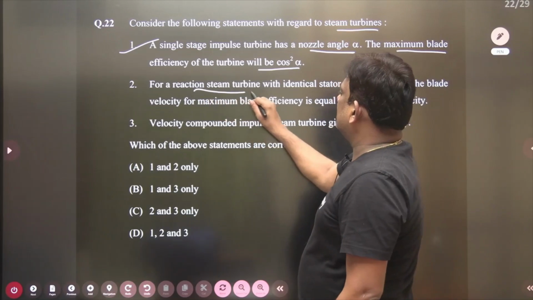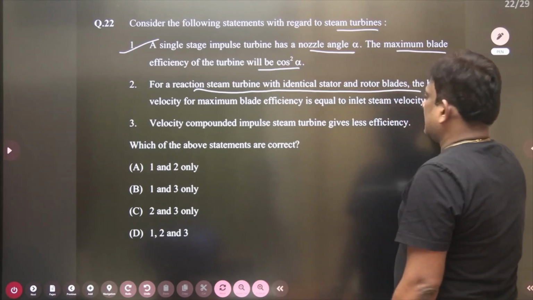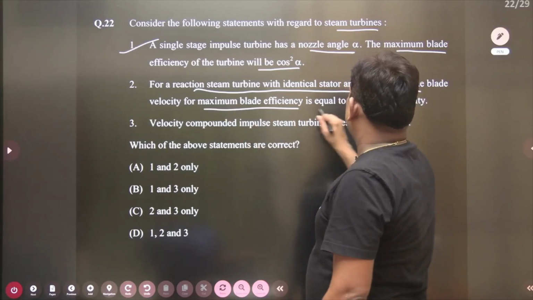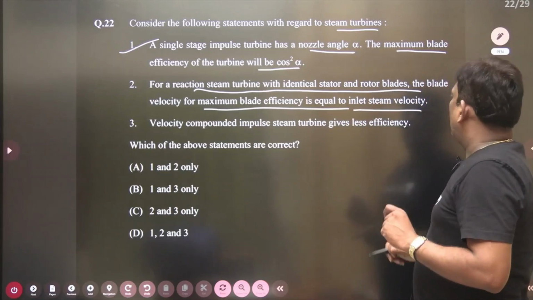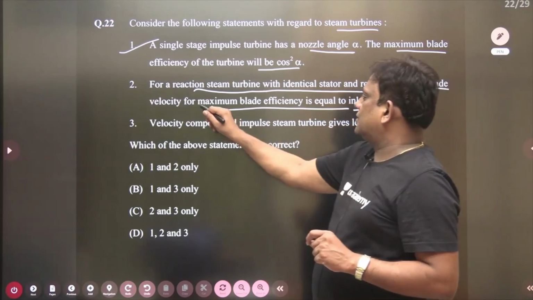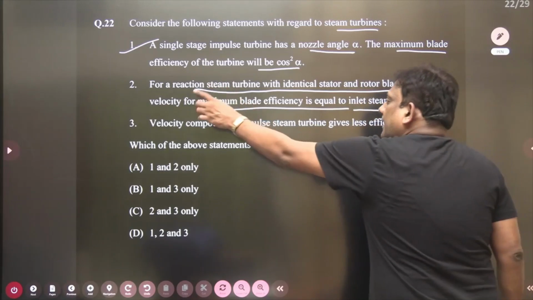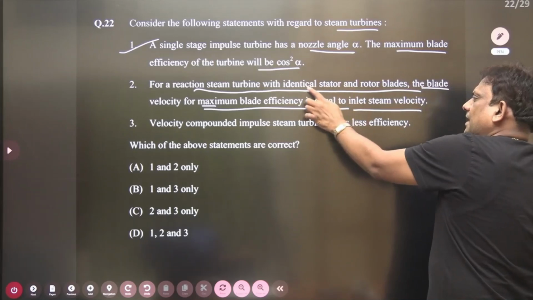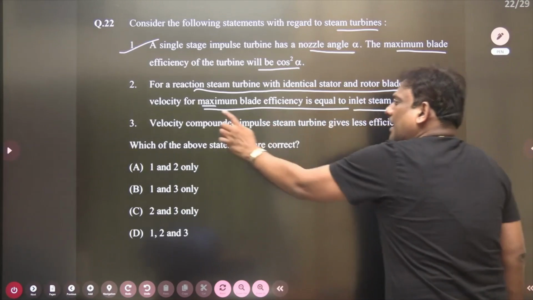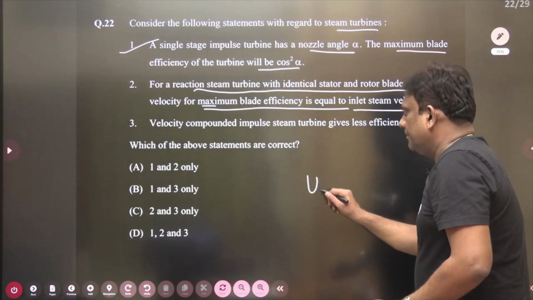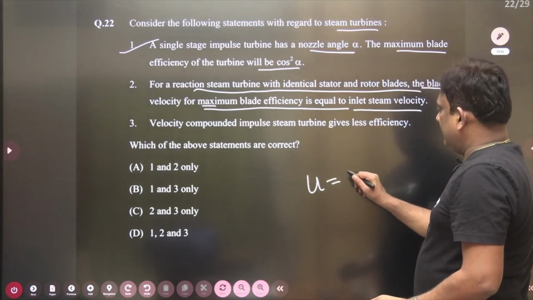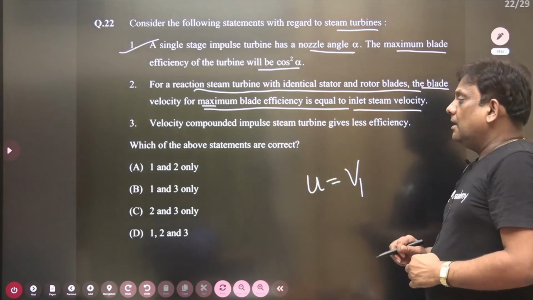For a reaction steam turbine with identical stator and rotor blades, the maximum efficiency is when the blade velocity U is equal to the inlet steam velocity V1.